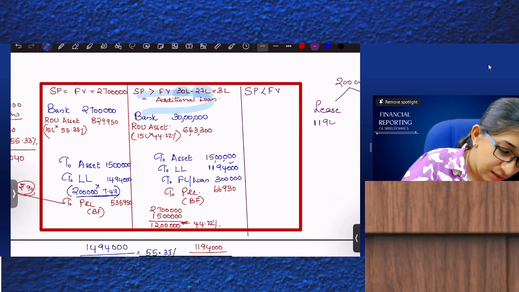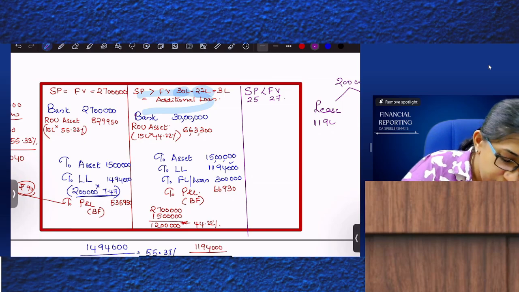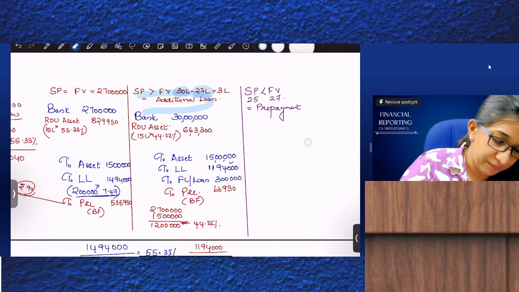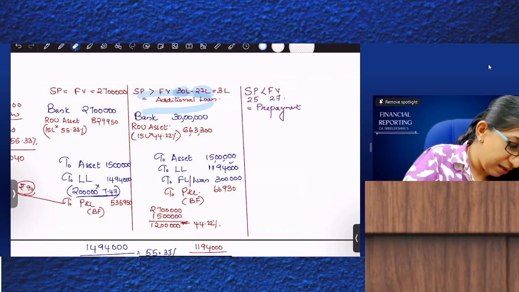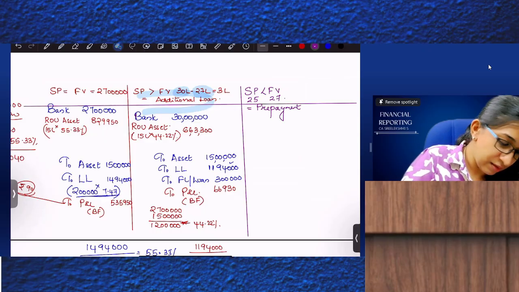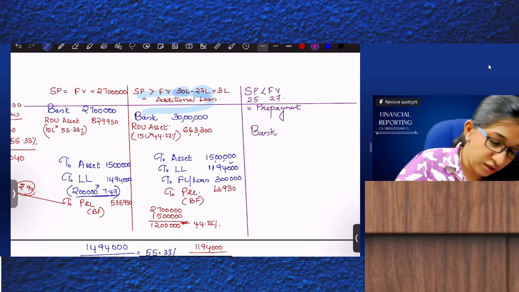Sale price is 25 lakhs and fair value is 27 lakhs. It should be treated as prepayment of lease payments. We'll do it like this. Bank account debit: we got 27 lakhs.